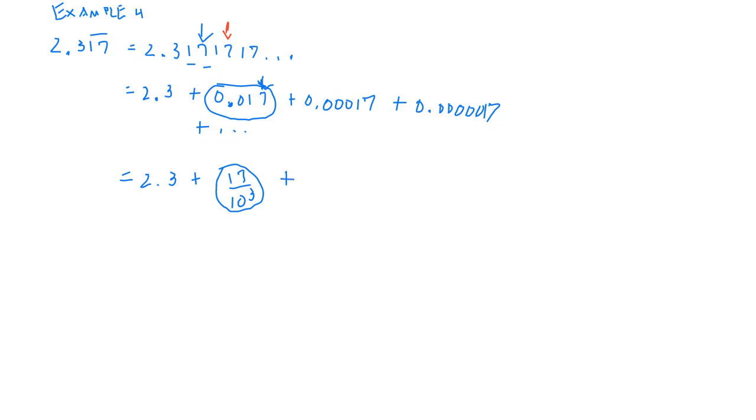And then 0.00017, that's equal to 1700 thousandths. Well, that's 17 over 10 to the fifth power.